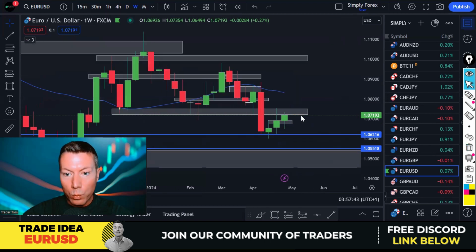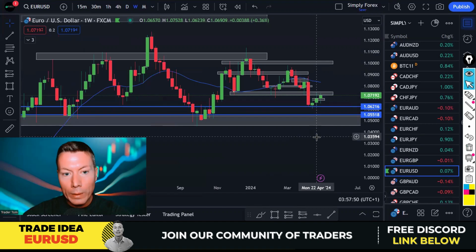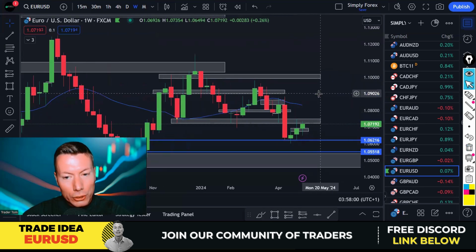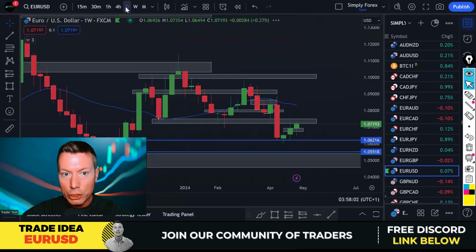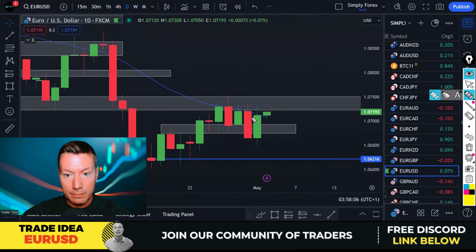We've already had one reaction there, with last week's candle. And look at the room we have to move into. We know there's a nice level down here, and there's still lots of room to move into. So not much has changed really. The only thing that's changed is the bullishness of this daily candle.